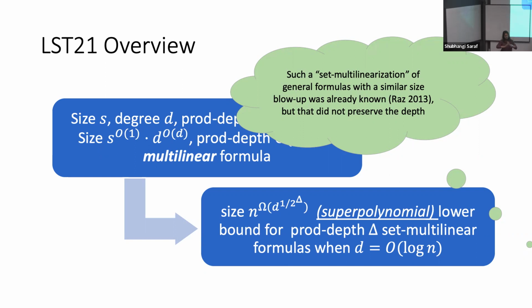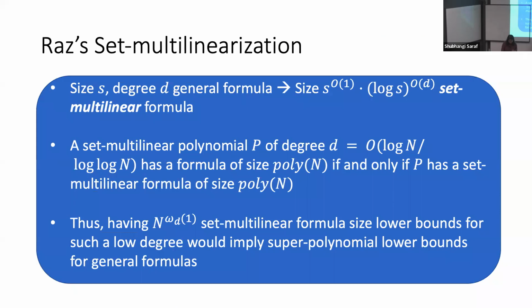This is for general formulas. Raz had already shown that you can take a general formula and convert it into a general set multilinear formula with a blow up. And when the degree is small, the blow up is not too much. So this wasn't a depth preserving transformation. Yeah, what Raz showed was something similar, but without the depth preservation.